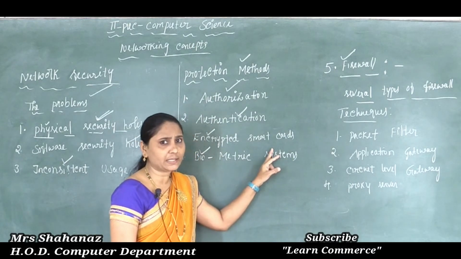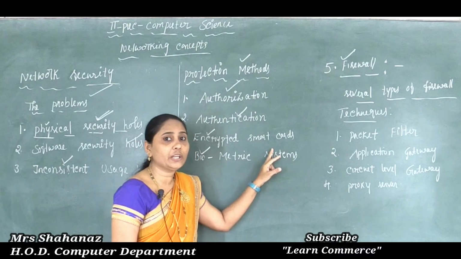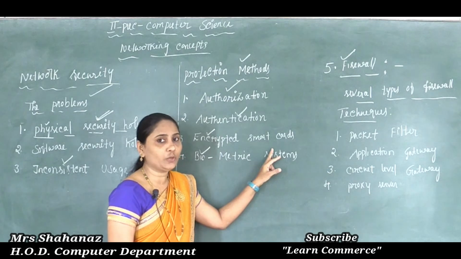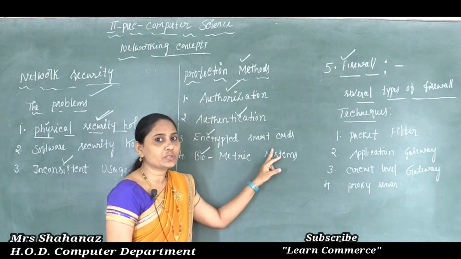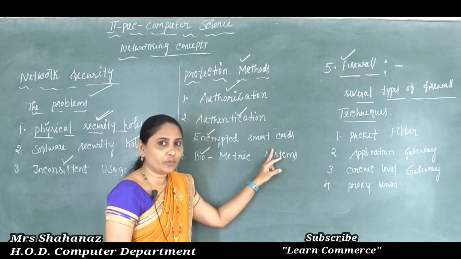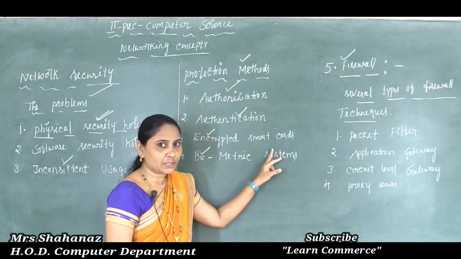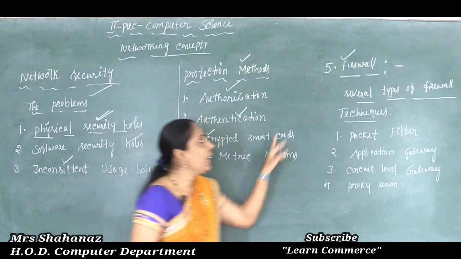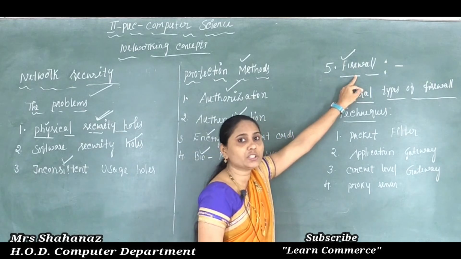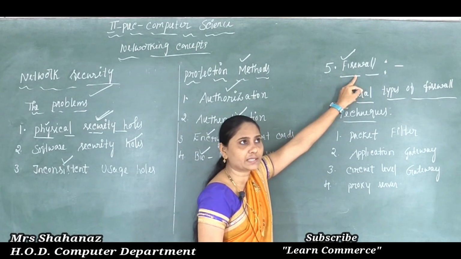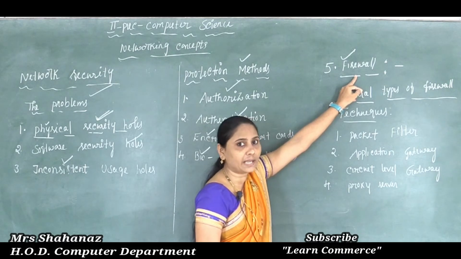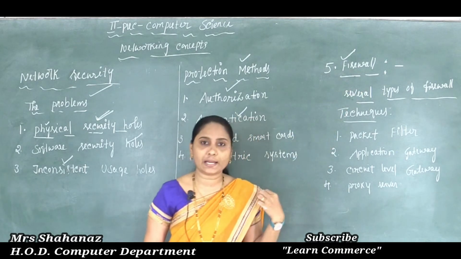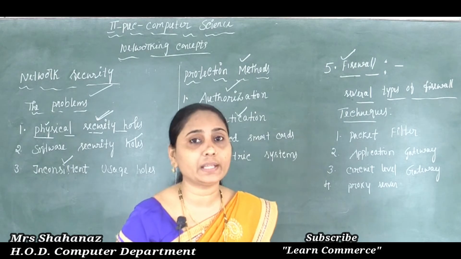It is also a security tool, and if you use such a security tool, we can give some security to our network. That means only the authorized person can access all that information. There is no work for the unauthorized person. So the meaning of the firewall is a system designed to prevent unauthorized access to or from a private network.